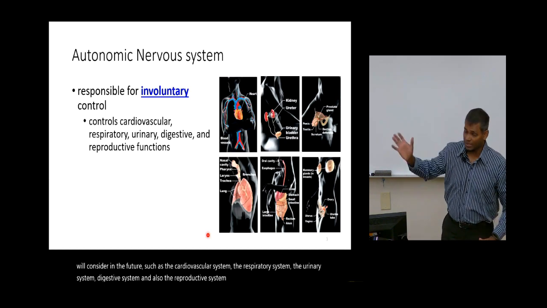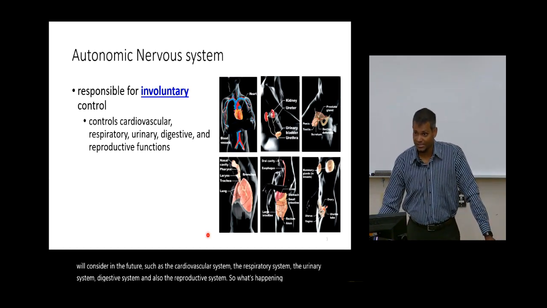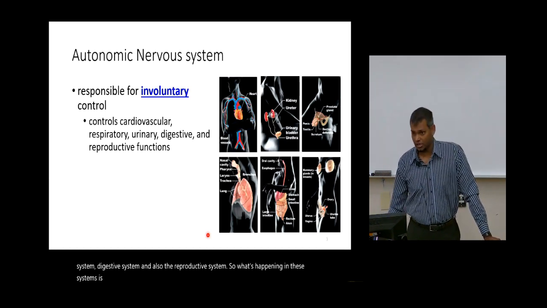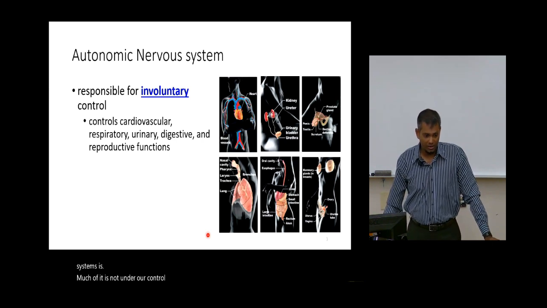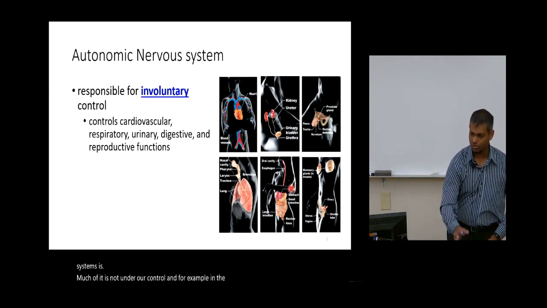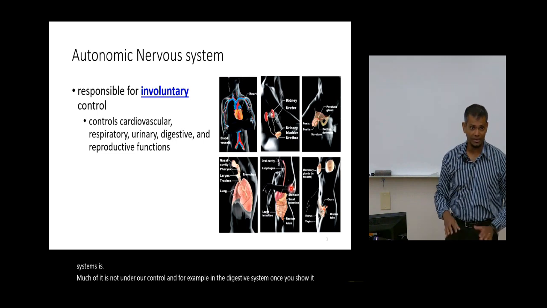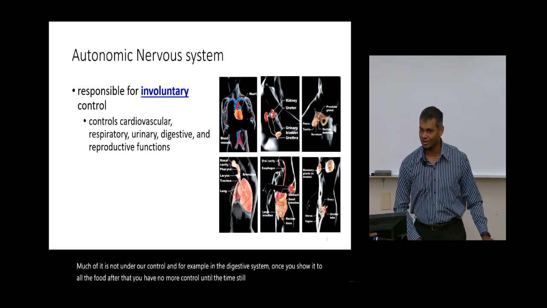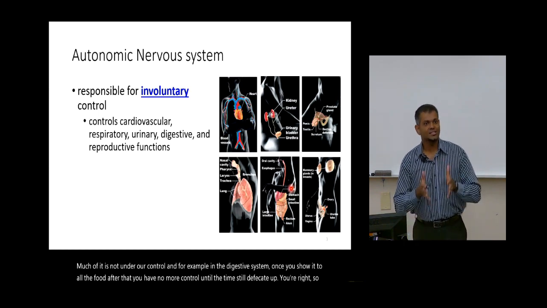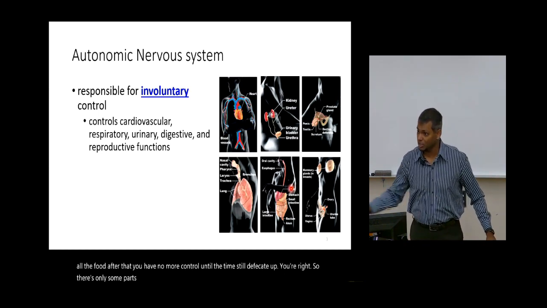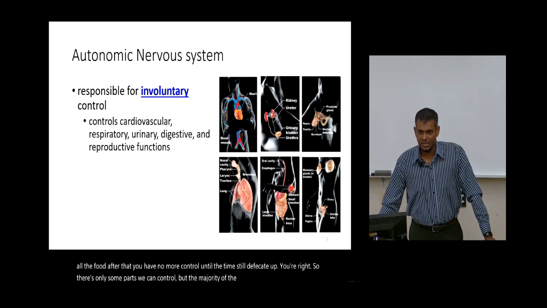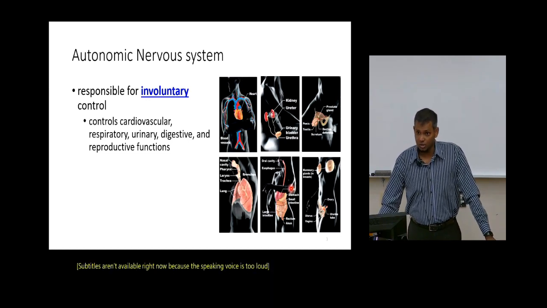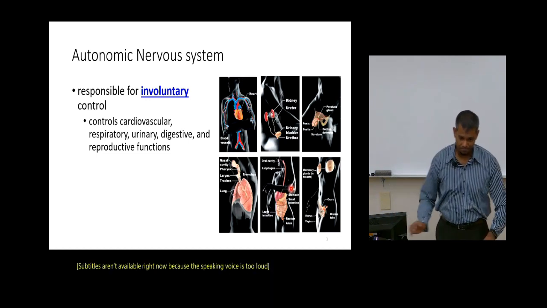Much of what's happening in these systems is not under our control. For example, in the digestive system, once you chew and swallow the food, you have no more control until it comes to defecate or urinate. There are only some parts we can control, but the majority of the functioning of these systems is under the control of the autonomic nervous system.